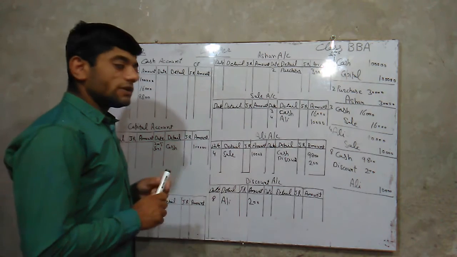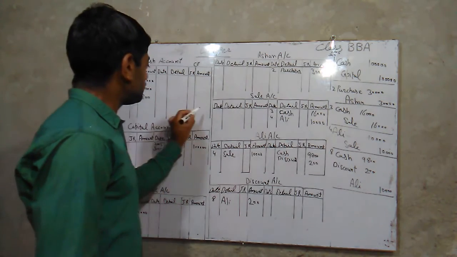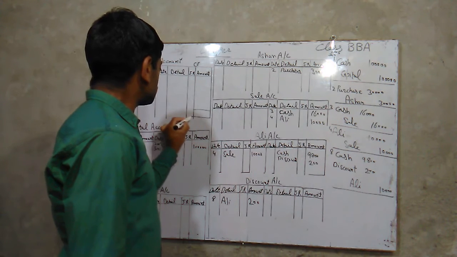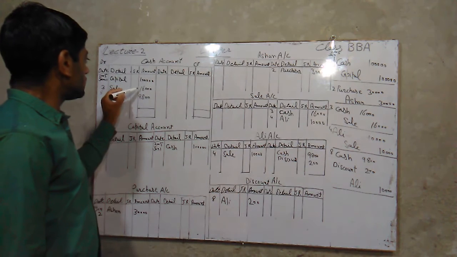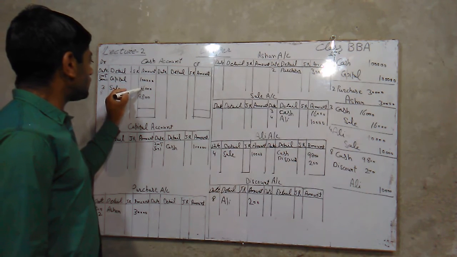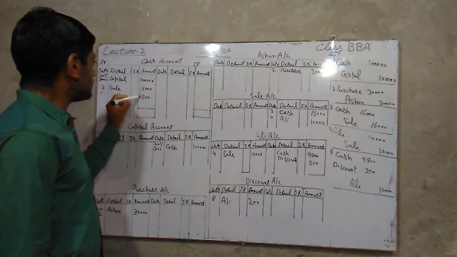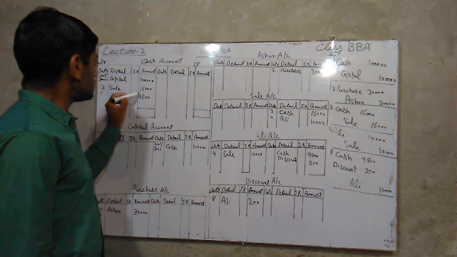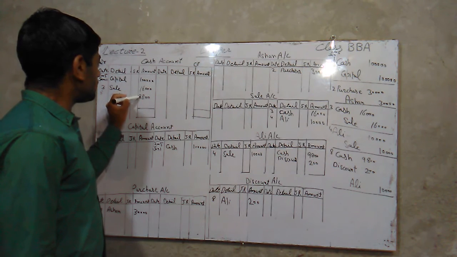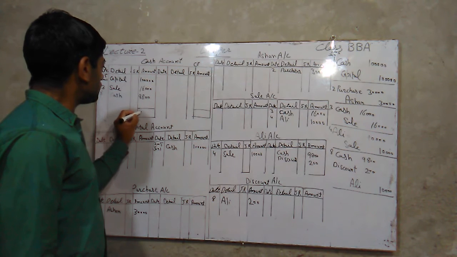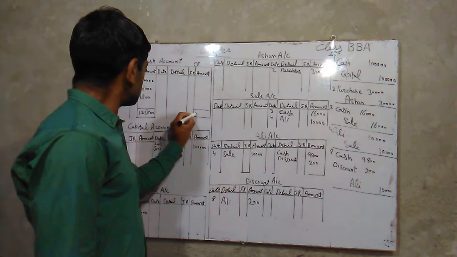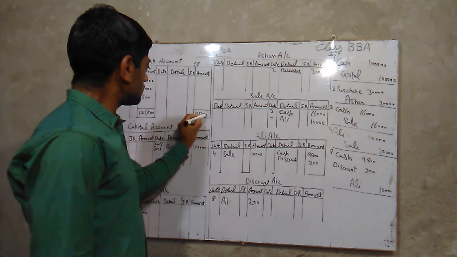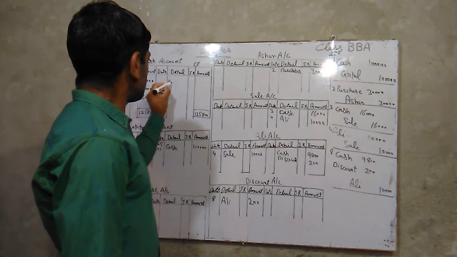And now we can find out the balances of these accounts. Cash account: 1,16,000 and 1,16,000, 1,25,800, balance here.